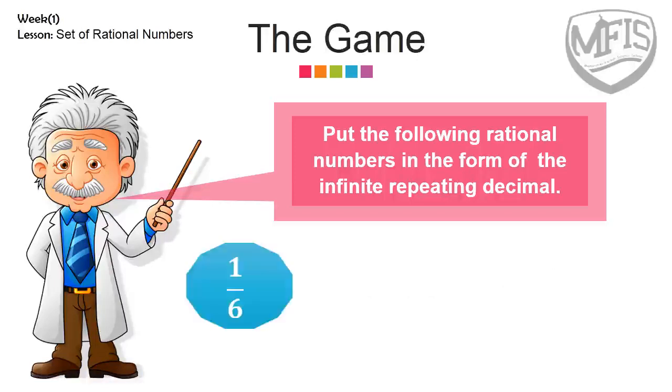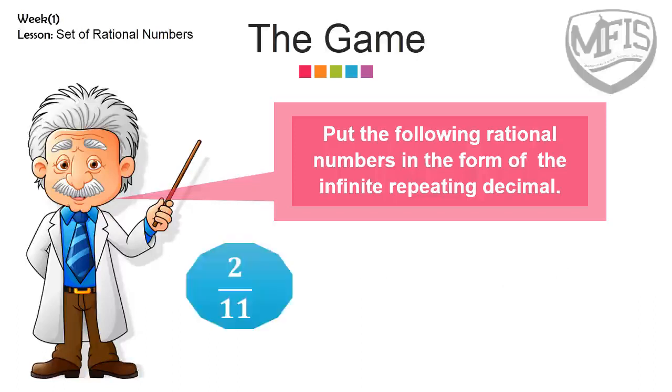One sixth equals 0.16666 and so on. In this case, the 6 is the recurring digit, so it will be 0.1 and 6 with a dot above the recurring digit 6.